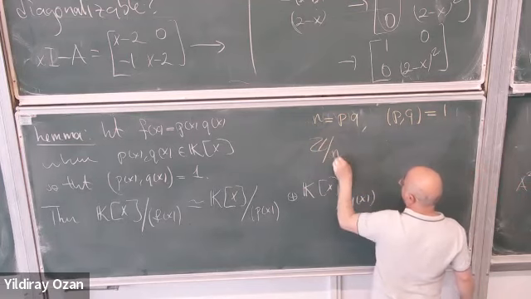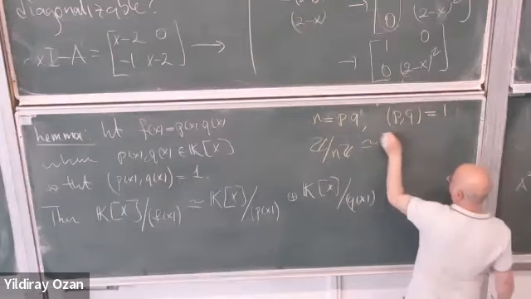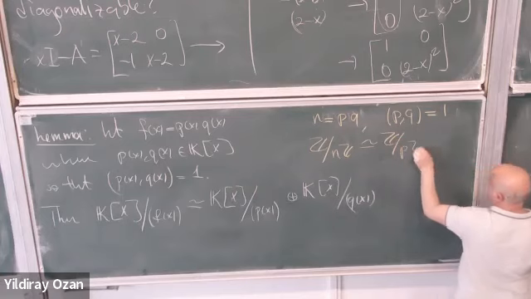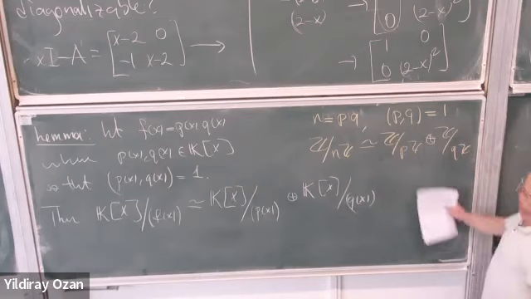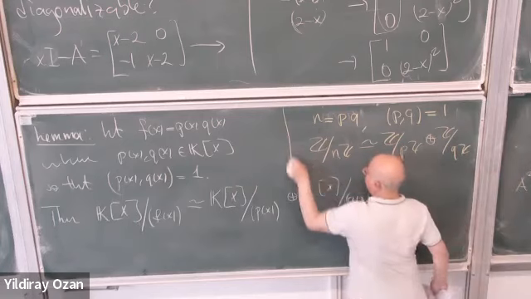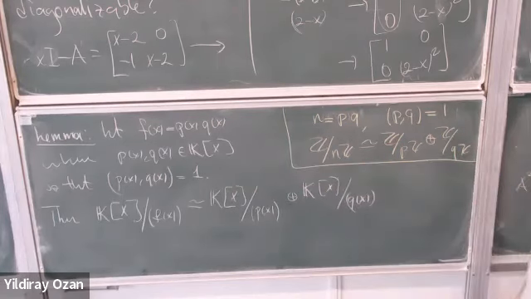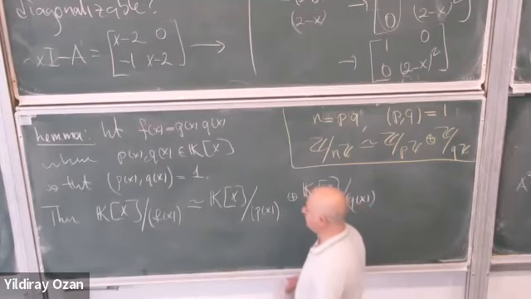Z over nZ is isomorphic to Z over pZ direct sum Z over qZ. The same statement. Let's see the proof of this.